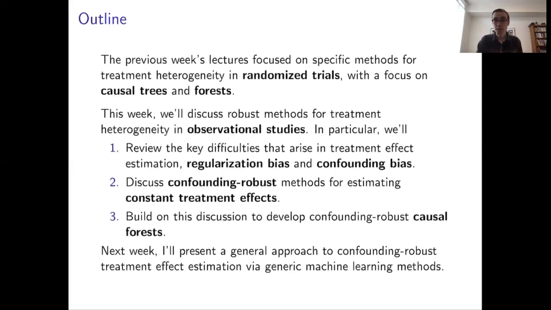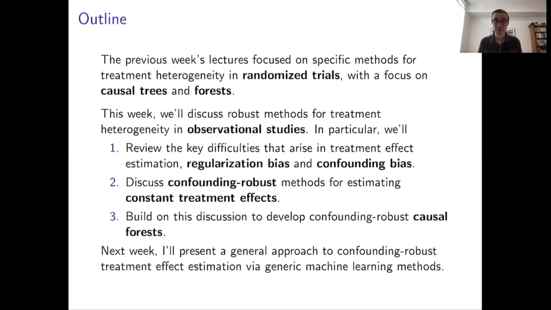On the other hand, last week, the focus was on treatment heterogeneity estimation in randomized trials. Here, you're in a randomized trial, so there's no difficulty from confounding, but the difficulty comes from the fact that the heterogeneous treatment effect function might be quite complicated, and so you need to work harder to represent it. Do you represent it in terms of the tree or something else?